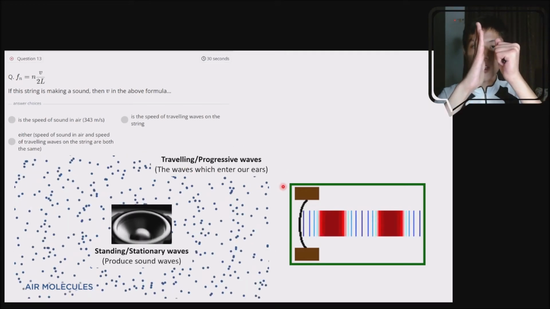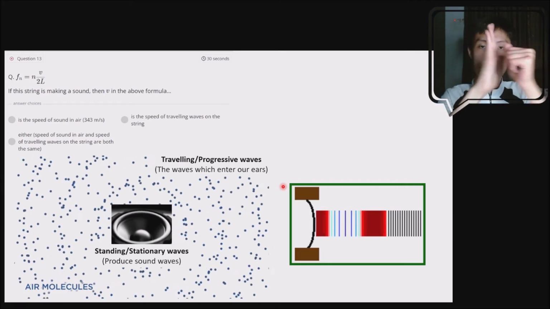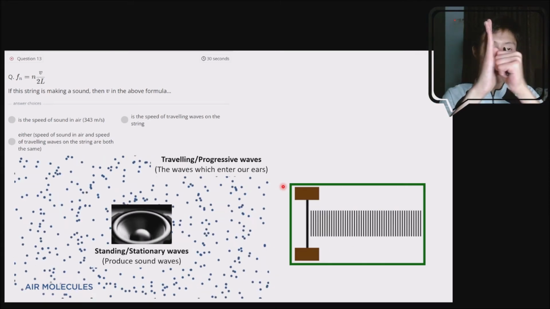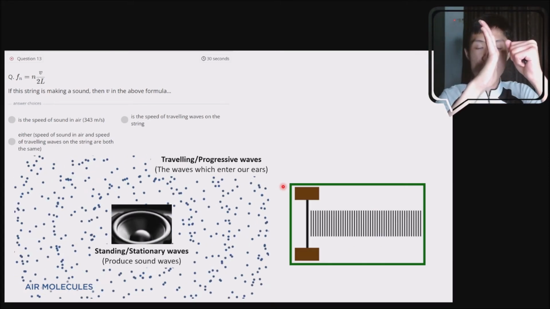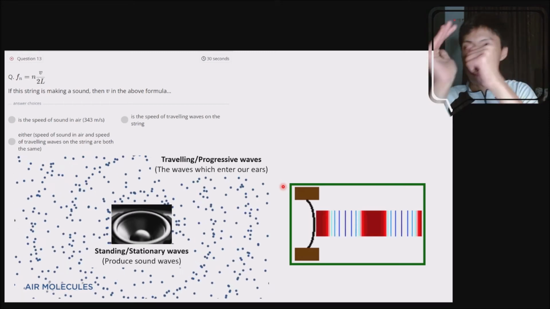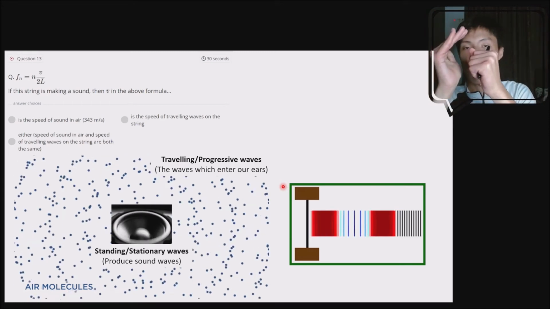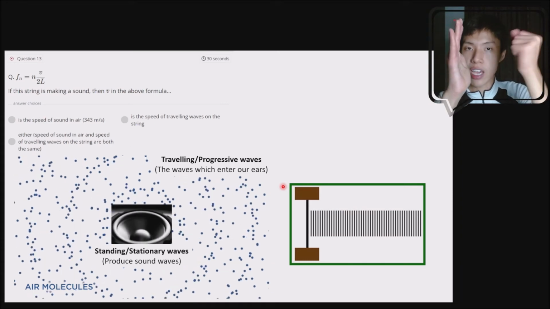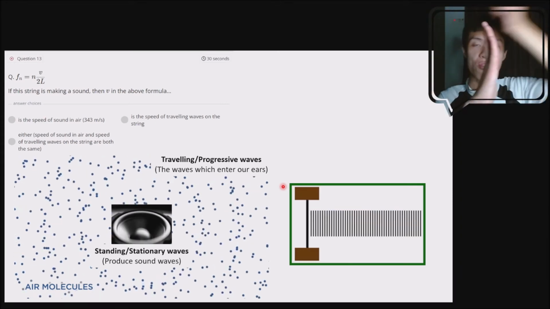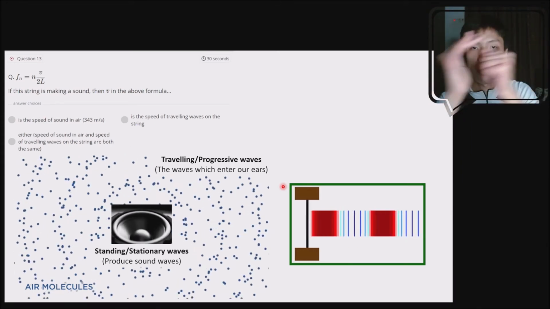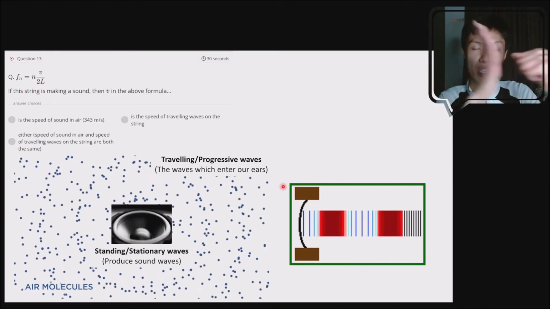So if your string bends this way, you're pushing the particles to the right. Then when your string bends the other way, the particles get sucked back to the left. So the vibration of the air particles around the string follows the standing wave of the string itself.